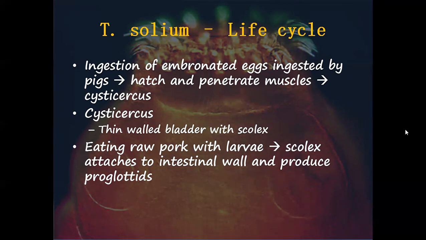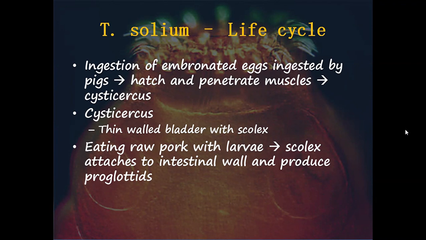Sige. So the first mode of transmission is ingestion of infected or undercooked pork or raw pork, which contains the embryonated eggs. Okay. So what happens? The embryonated eggs are secreted in the feces and will be ingested by pigs with their food. The embryonated eggs will hatch in the pigs, and the larvae that is released will penetrate the muscles of pigs and become cysticercus.